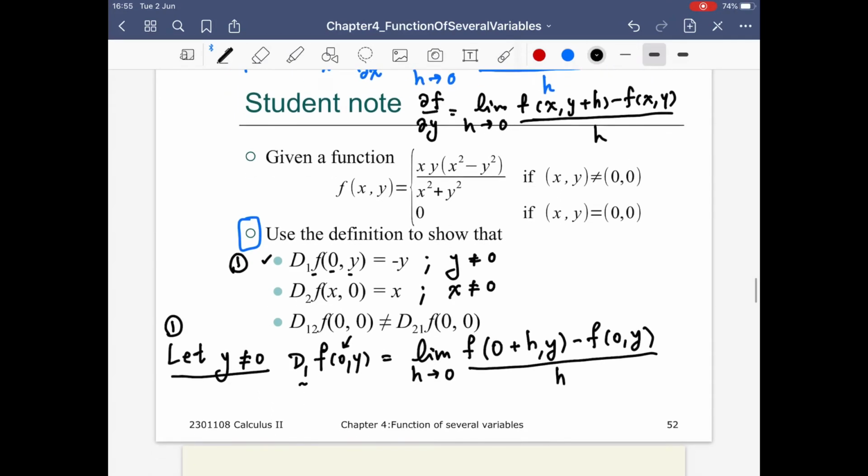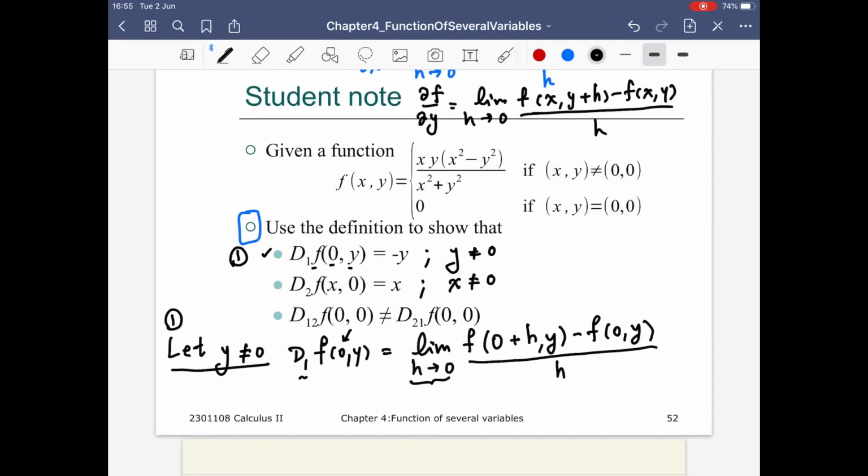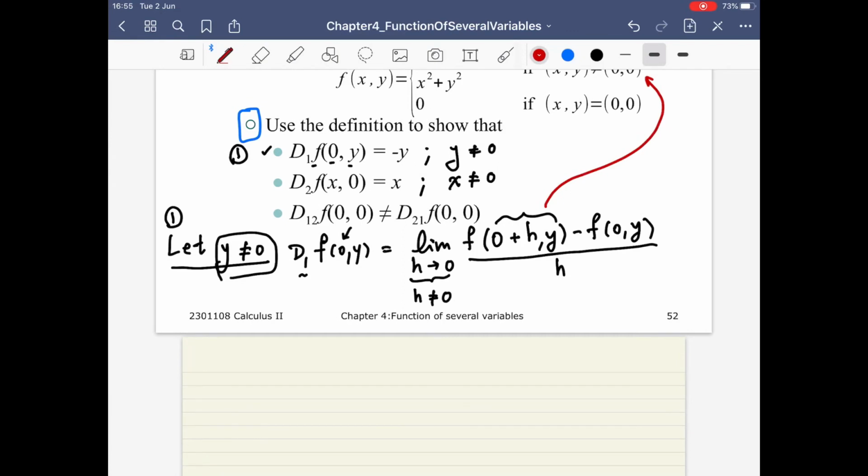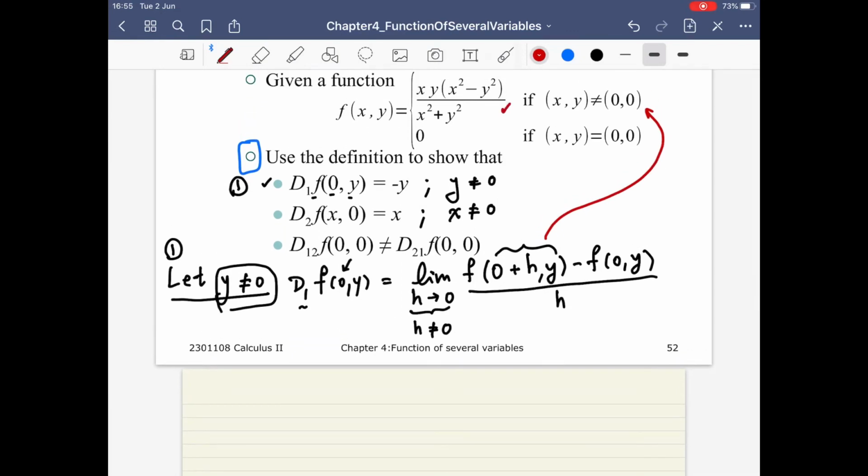Now because your h just go close to 0, so of course it is not 0, and your y is already let to be something that is not 0. So this means that this function, it is go into this category, right, that your x and y is not both 0. So we are going to use this formula for the function to find the limit.